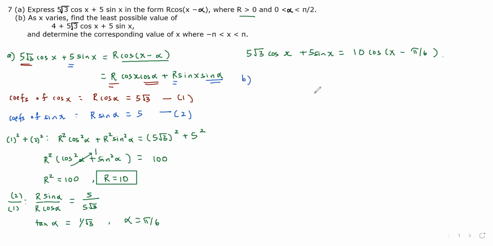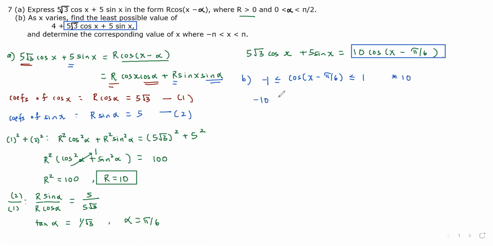Part B, we need to find the least possible value of 4 plus 5 root 3 cos x plus 5 sin x. This is actually 4 plus 10 cos(x minus pi over 6). We know that cos of any angle is between -1 and 1. There is a coefficient of 10, so we multiply throughout by 10.